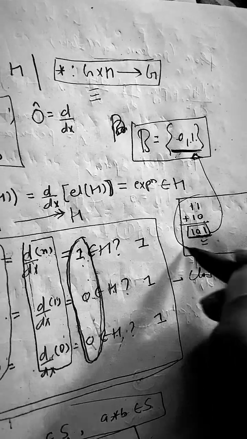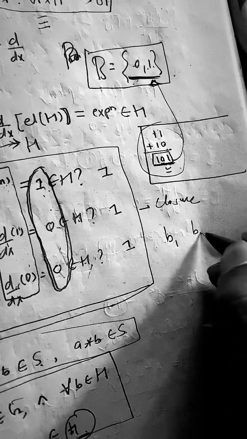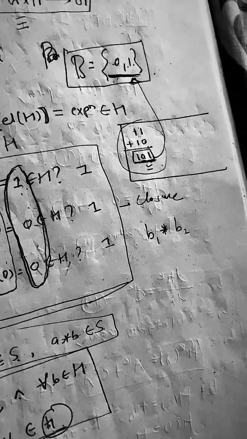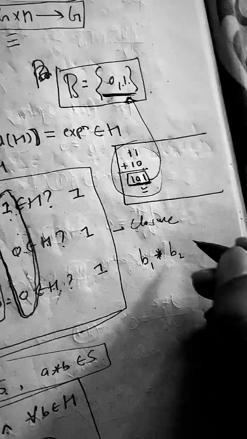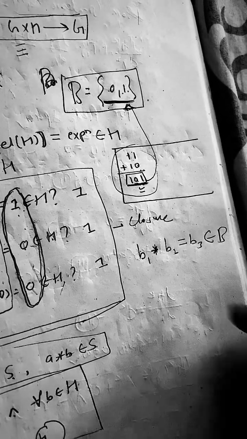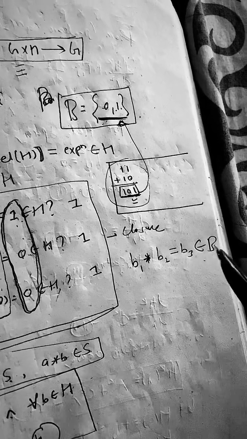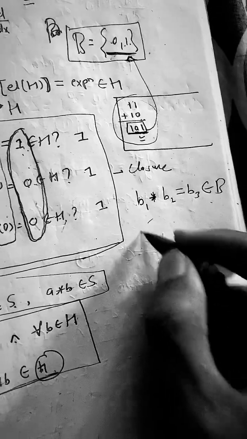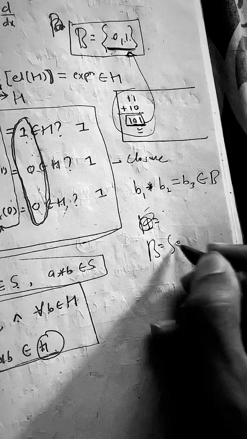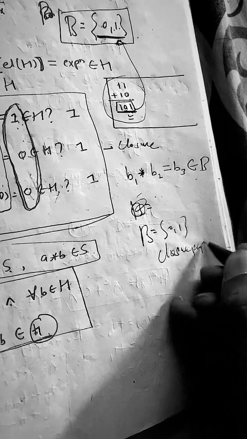Every operation on any two binary numbers, let's say binary numbers B1 and B2, you choose whatever operation you want. This operation produces another binary number B3, and it should belong to our set B, this one. It cannot escape it. It means this set B, 0 and 1, already satisfies the closure property.